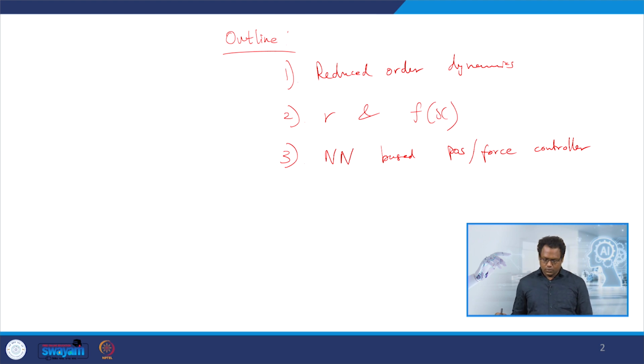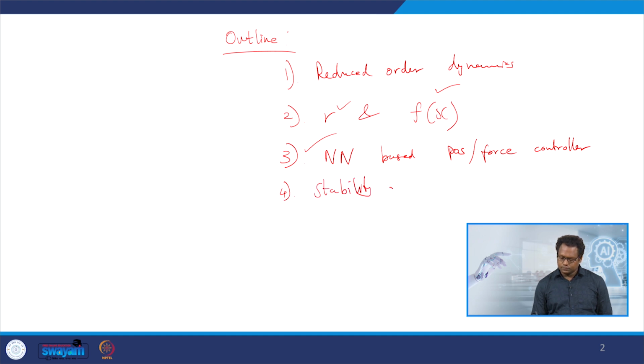So, about that we will be seeing after the representation of the reduced order dynamic model of a robotic arm with the filtered error r and with the unknown function which has all the potential unknown parameters of a robotic arm. Then we move on to the precise neural network based position force hybrid controller of a robot manipulator, the design of that controller. Then we have the stability analysis of this proposed neural network based hybrid position force controller.